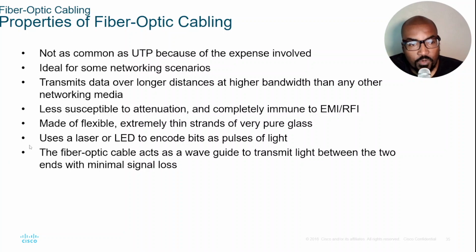You don't have to worry about those radio frequencies getting involved when it comes to any type of signal dropouts with fiber. It uses a laser or LED to encode bits as pulses of light, which is pretty cool. Fiber optic cabling acts as a waveguide to transmit light between the two ends with minimal signal loss. Very, very cool.